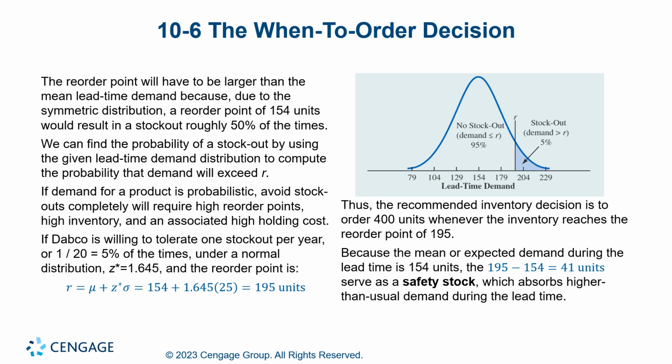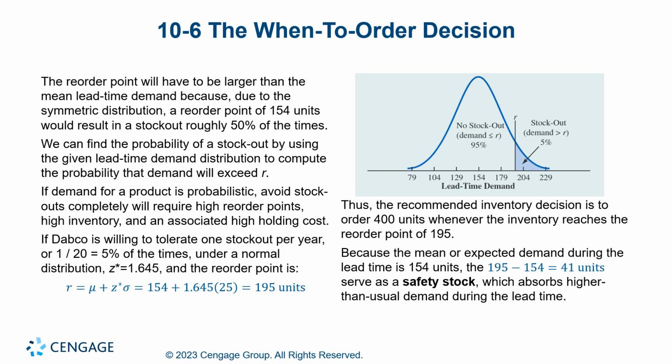If the mean lead time demand is 154 and the demand is symmetrically distributed around this mean value, the lead time demand will be more than 154 units roughly 50% of the time. When the demand during the 1 week lead time exceeds 154 units, the company will experience a shortage.